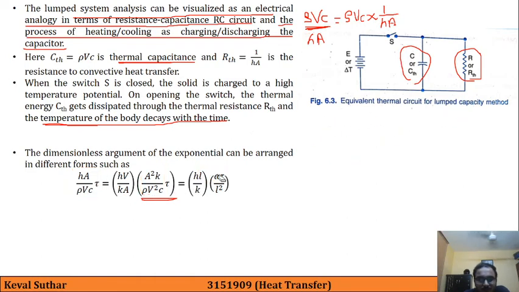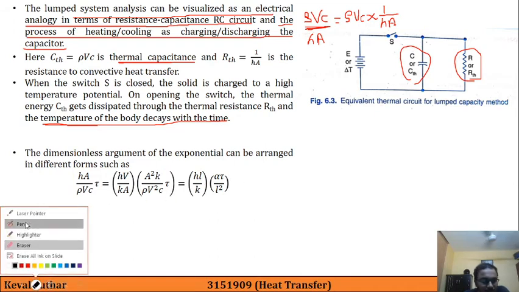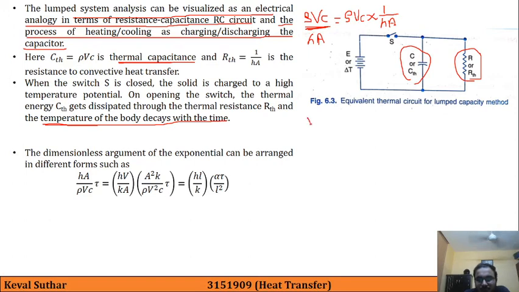So to further simplify for you, you need to remember that V, that is volume upon area, is taken as characteristic length, and instead of K by rho C we can put alpha.